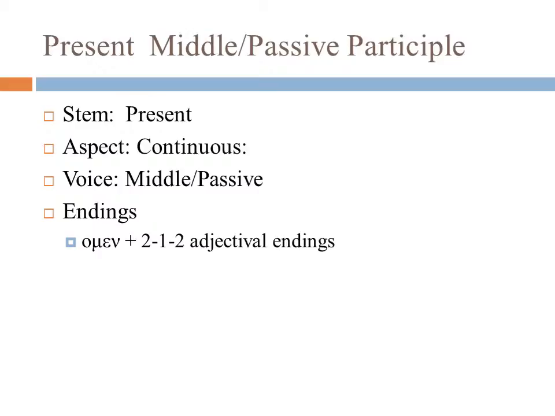In the active, we had no ending plus 313 adjectival. In the middle, we have amen plus 212. Trust me, you're going to get so used to seeing amen that when you see it, you're just going to know participle. And the translation, what we will get to, is while being loosed.